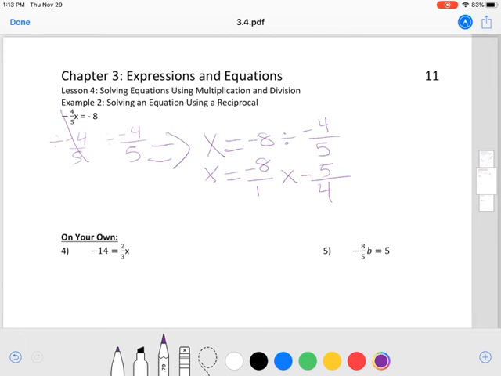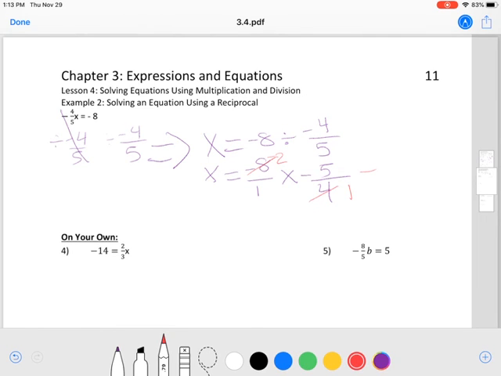Now, if you want to go ahead and multiply this and then simplify, you definitely can. That would just be 8 times 5, which is 40, and 4 times 1, which is 4, and then you can simplify that from there. I personally prefer to simplify beforehand. So I'm going to look across 8 and 4. They can both be factored out by 4. 4 divided by 4 is 1, and negative 8 divided by positive 4 is negative 2.